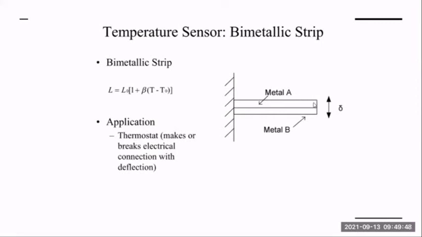One has a higher temperature coefficient than the other, so one will curl up faster than the other. Then these two will separate. When they separate, the current will not flow within the system. So the current stops and the switch turns off. That's how a bimetallic strip usually works.